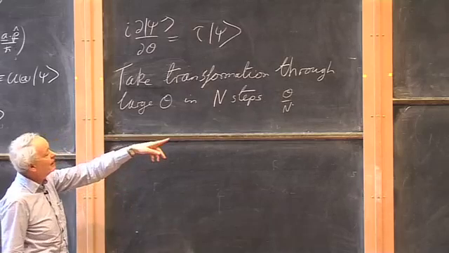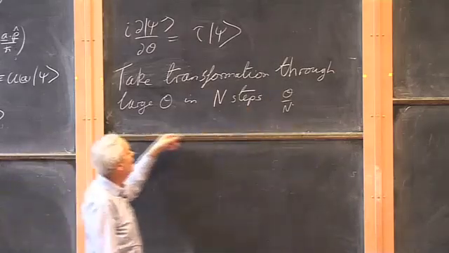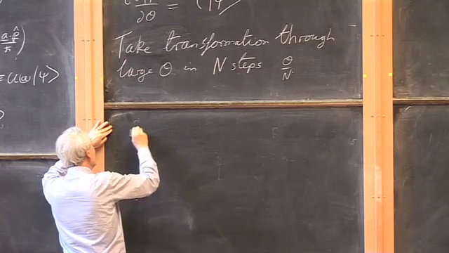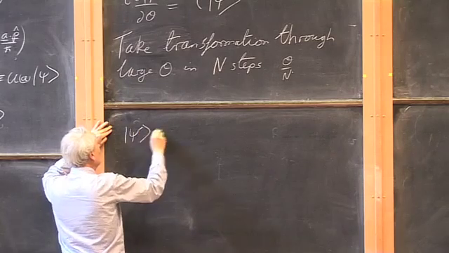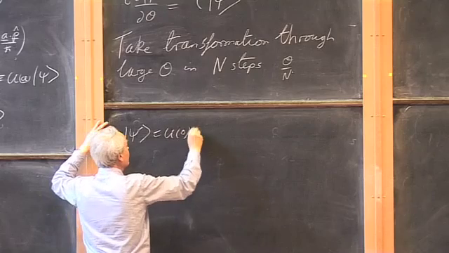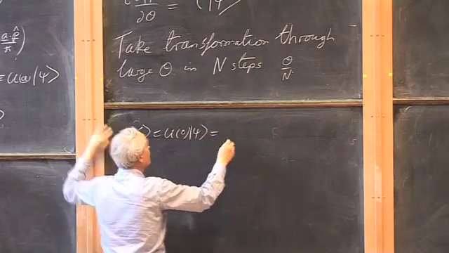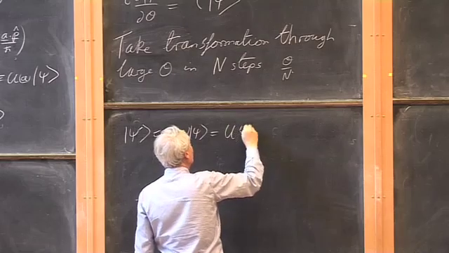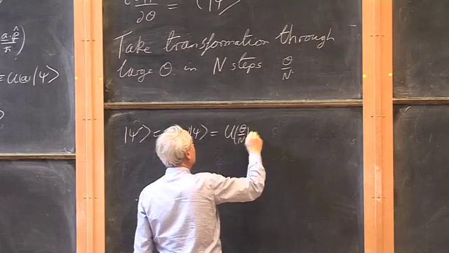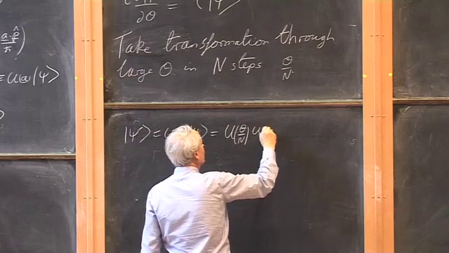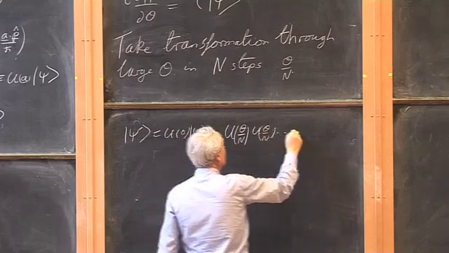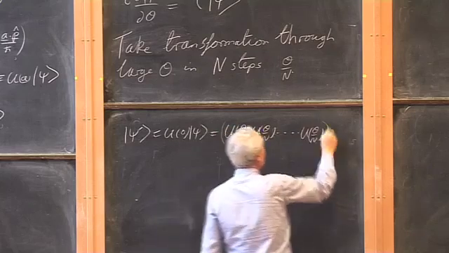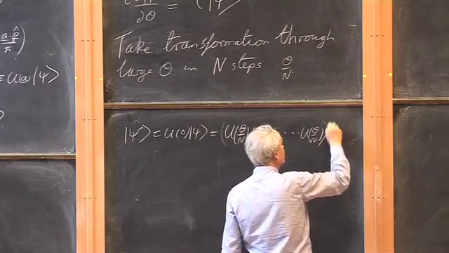Then, if n is big enough, no matter what the value of theta we're given, we can say that psi primed, which is u of theta at psi, of course, is equal to u of theta over n, u of theta over n, u of theta over n, n of these terms all multiplied together operating on psi.